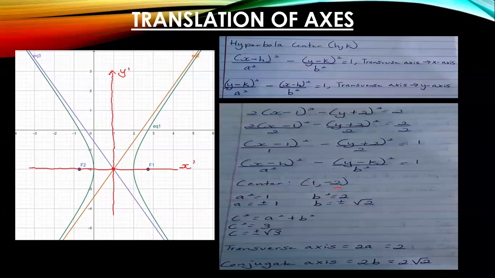So we're going to locate these points on the graph. Remember, a is underneath x. If you look here, you'll see a is underneath x. So it means that we're looking at the x value, so we're going to move one place to the left and one place to the right.